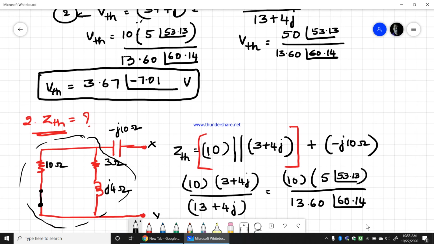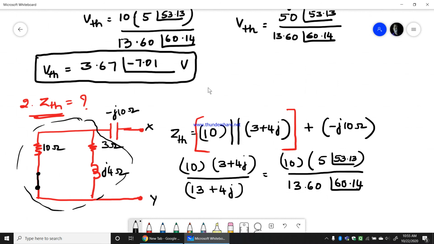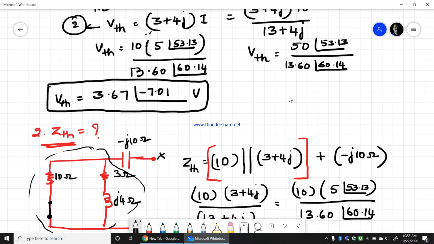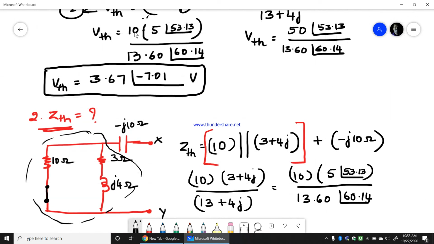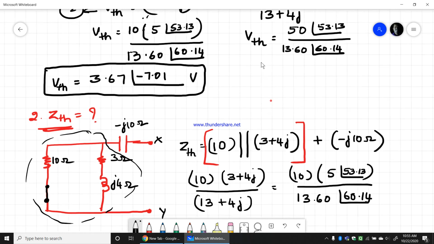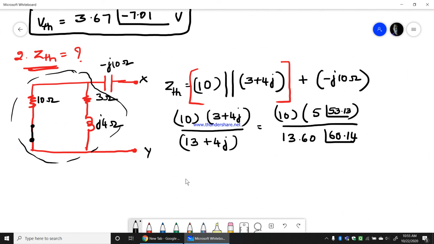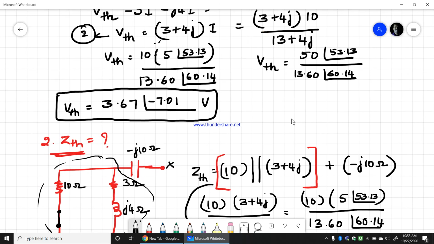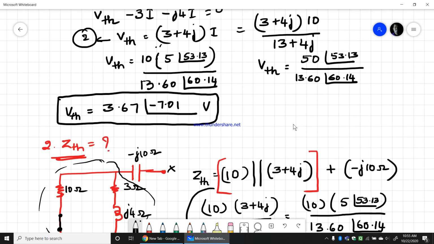This is something related to VTH only. Therefore this parallel combination will give me 3.67 at an angle minus 7.01.